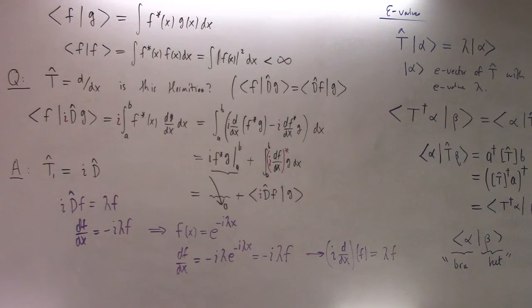I mean, lambda has to be real, since this is Hermitian. You said this was exponential, right? Yeah. There is no restriction, that's kind of my point. There's lots and lots of eigenfunctions.